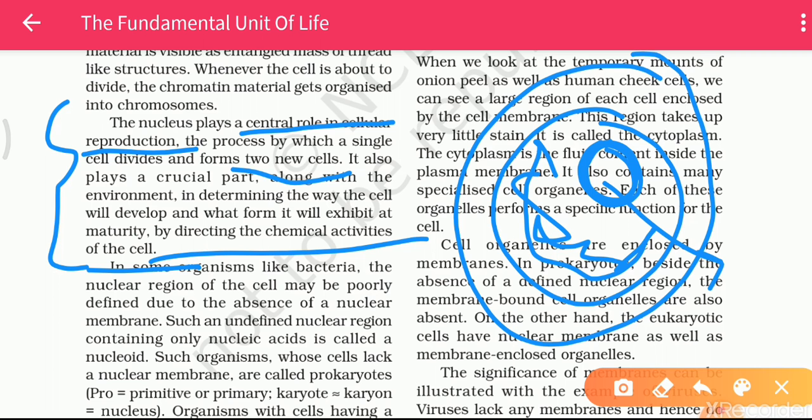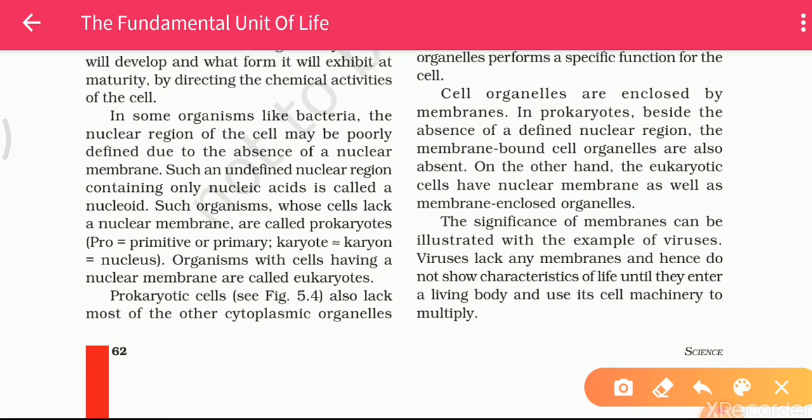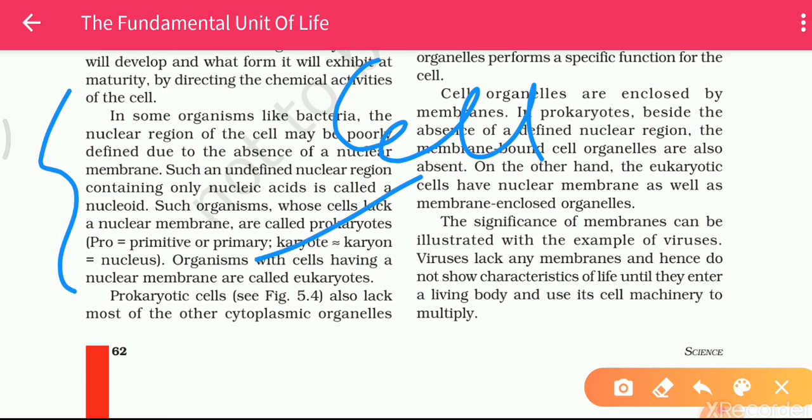Let's now continue with another paragraph. Here you will see, in some organisms like bacteria, the nuclear regions of the cells may be poorly defined due to the absence of the nuclear membrane. Students, cells are divided into two parts: prokaryotic and eukaryotic cells.